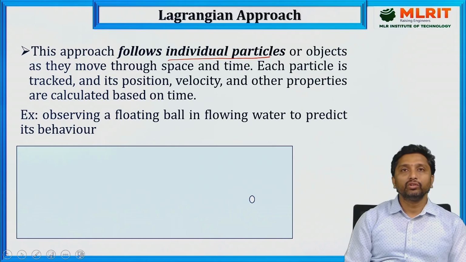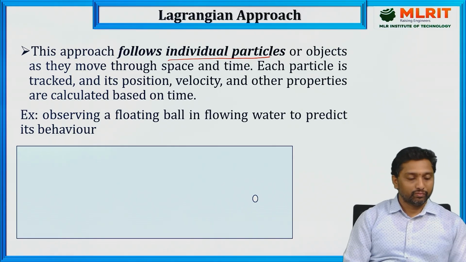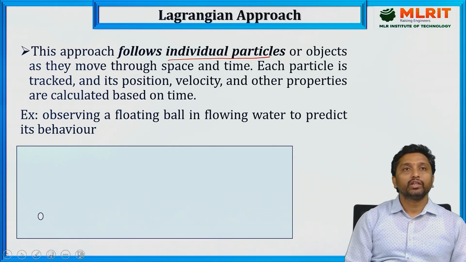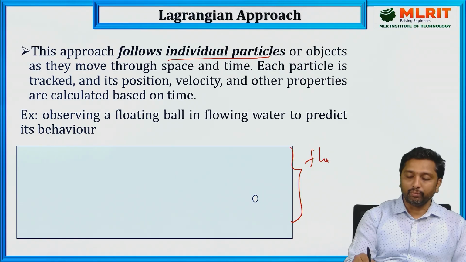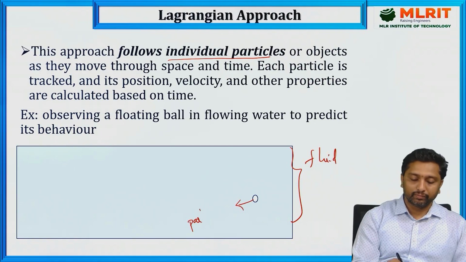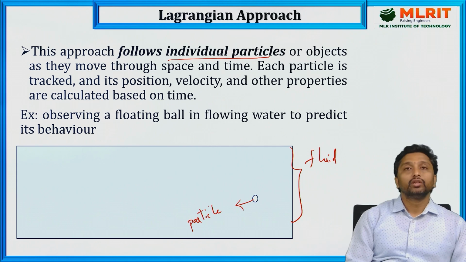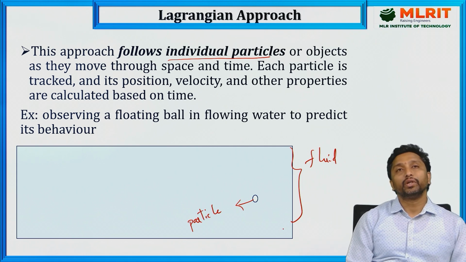For example, we can see that this particle is moving. So this is the domain of the flow, or this is completely a fluid, and this is a particle in the fluid.